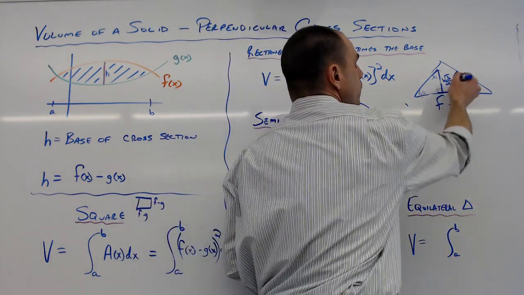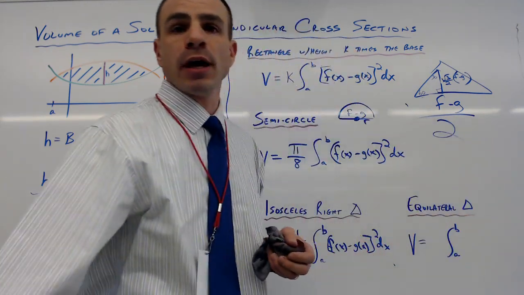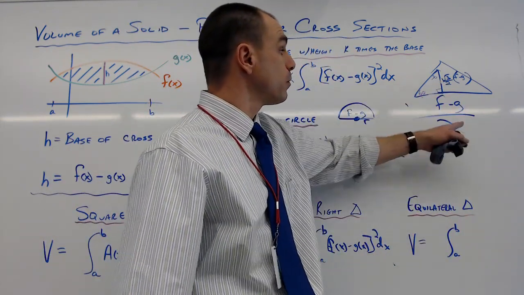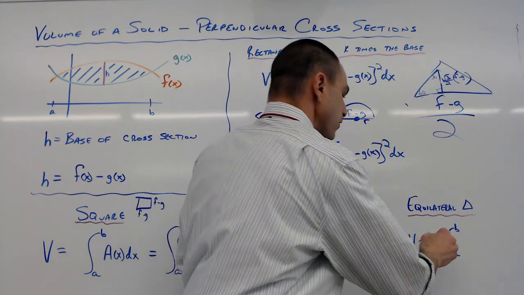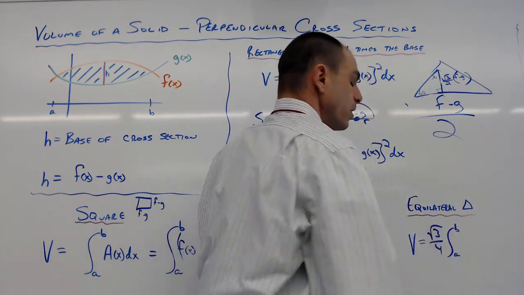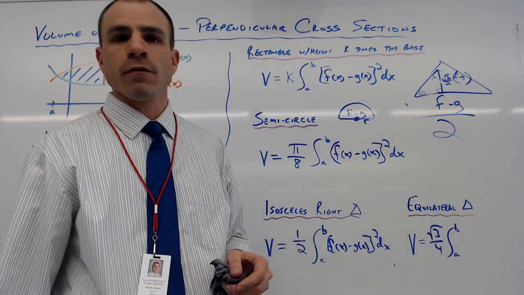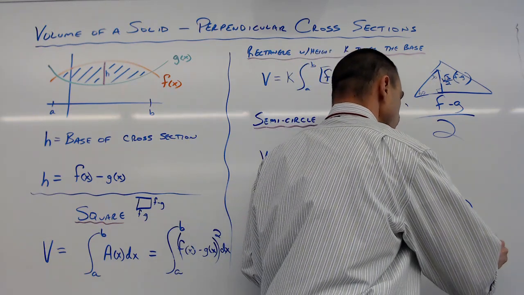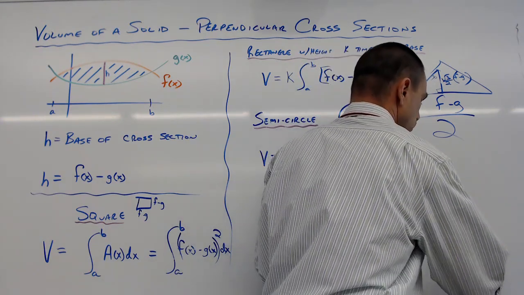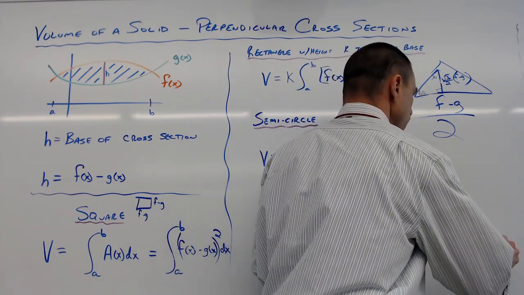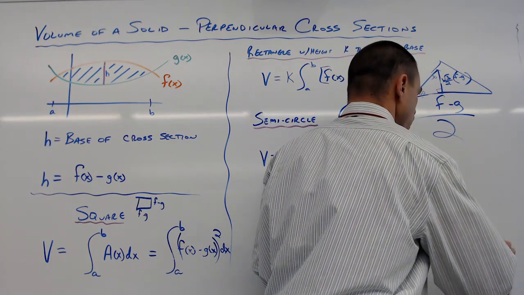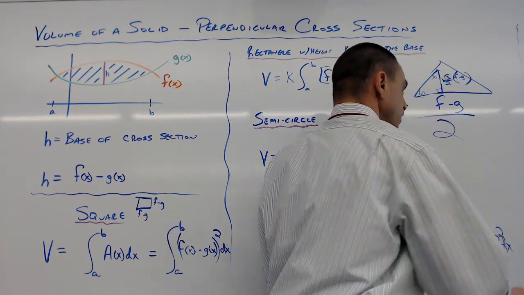So when I multiply these two, I also have to divide that by 2, which means since I'm dividing by 2 and by 2 again, I'm actually dividing by 4. So my coefficient is root 3 over 4, and then once again I've got f of x minus g of x, that quantity squared dx.